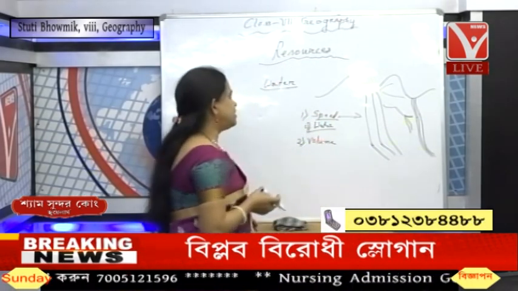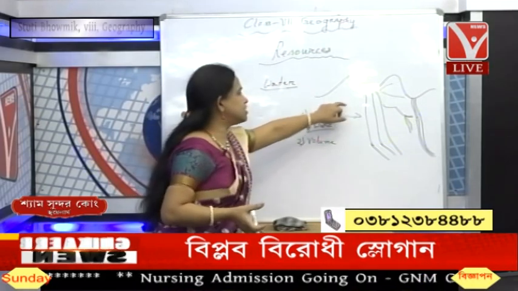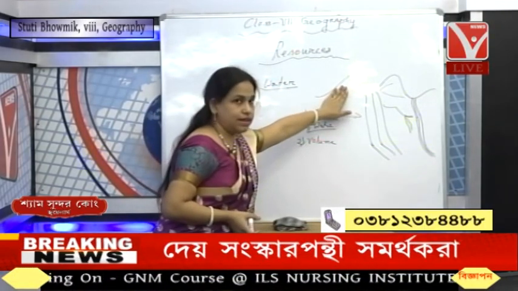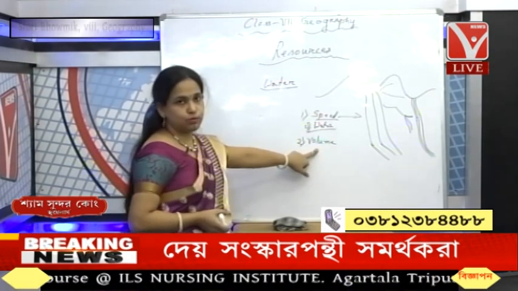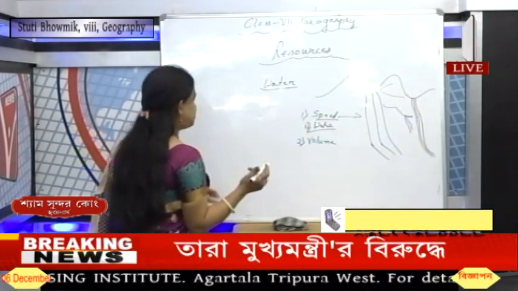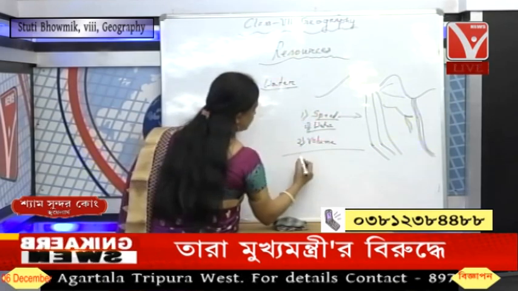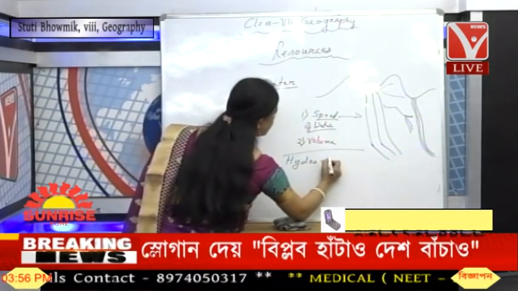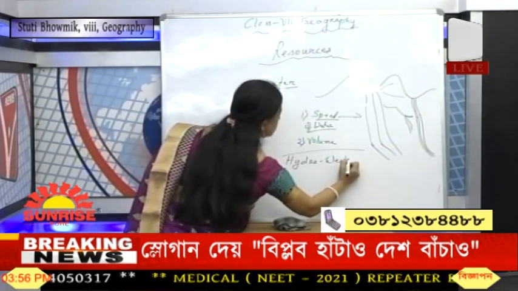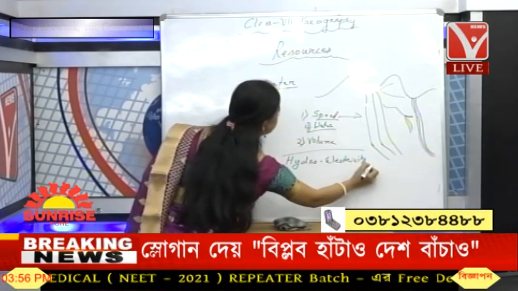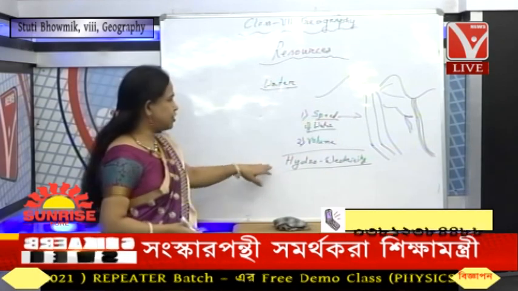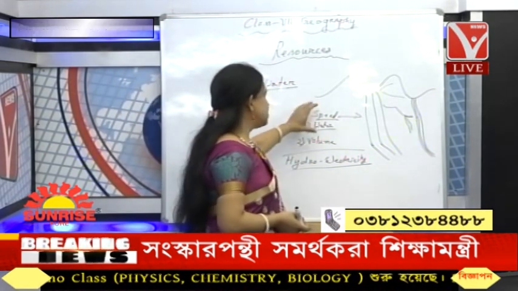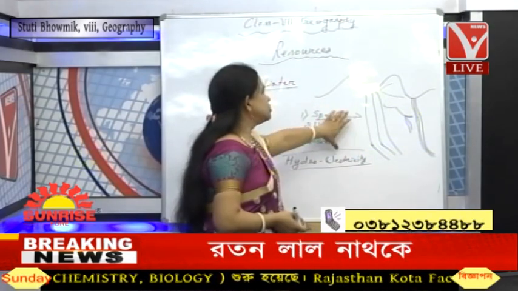So identifying the speed of the water flowing down from a very high elevated region, and the volume of water, both together have been utilized and developed to form hydroelectricity. Right, students?